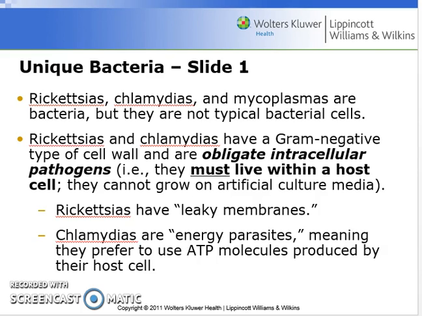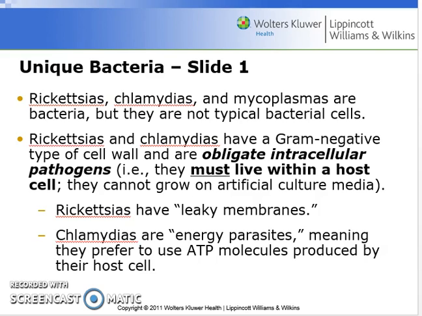Okay, so they're considered obligate intracellular pathogens, and they can't be produced in vitro in artificial culture media. So we actually have to have host tissue if we were to culture rickettsias and chlamydias cells inside of a laboratory.